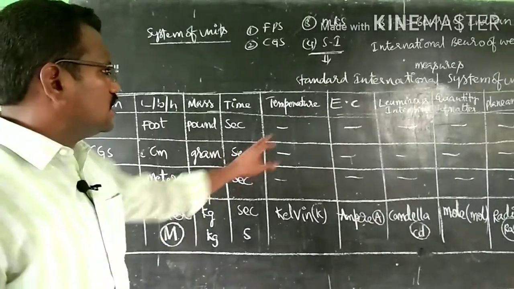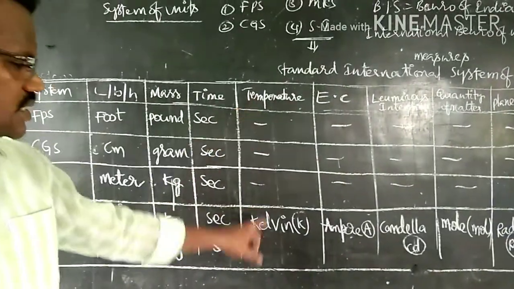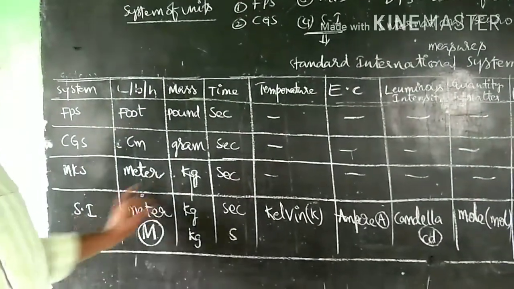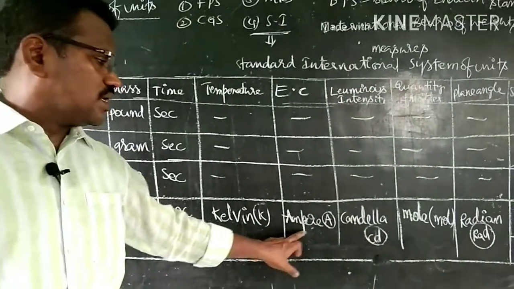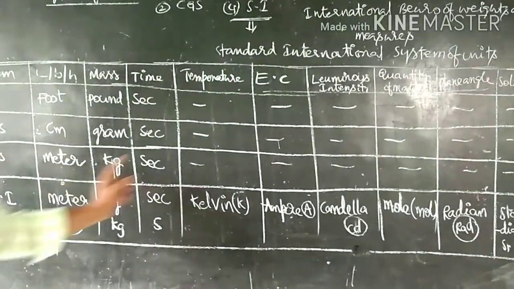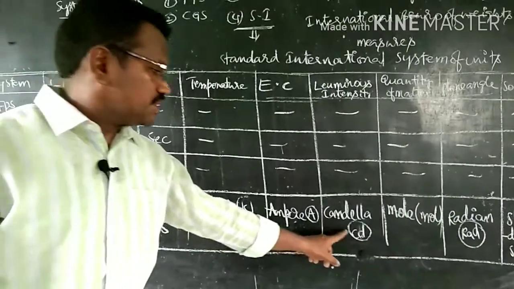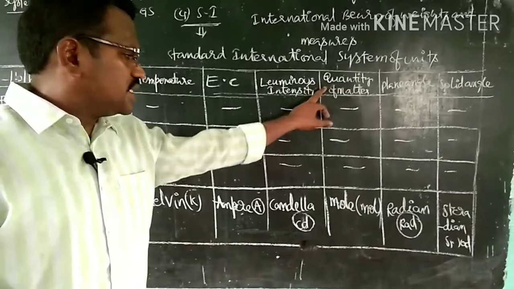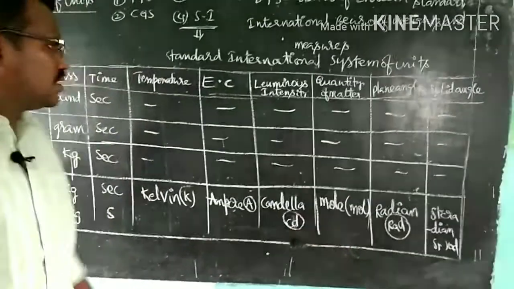Now comes to the temperature. The SI unit of temperature is Kelvin, represented by the letter K. The SI unit of electric current is ampere, represented by the letter A. The SI unit of luminous intensity is candela, represented by CD. The SI unit of quantity of matter is mole, represented as MOL.